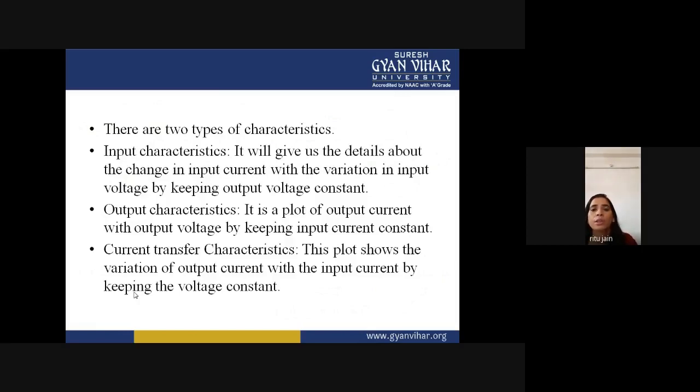We will discuss both types of characteristic in three configurations: input and output characteristics of transistor. Now, what is current transfer characteristics? This plot shows the variation of output current with the input current by keeping the voltage constant.